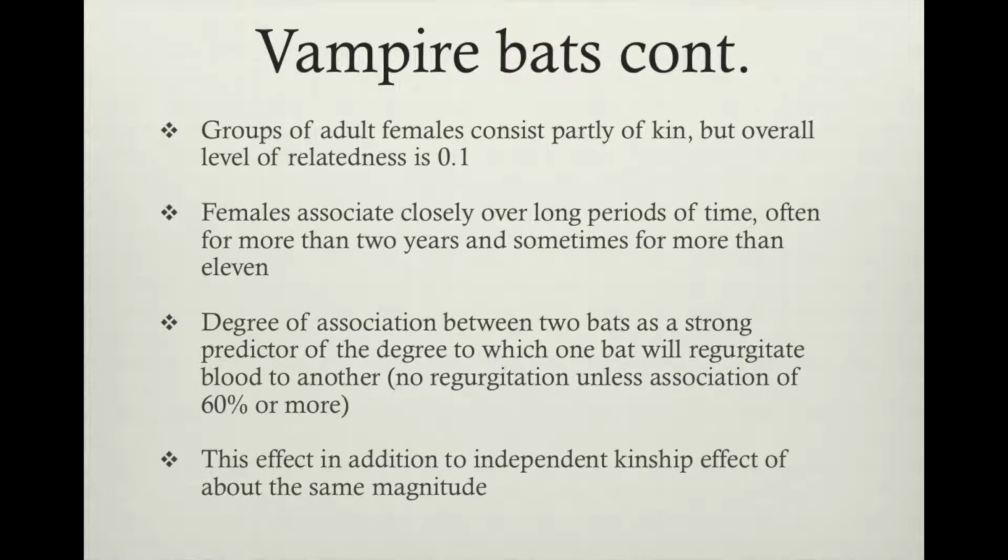So these animals can migrate between groups, and you run this risk when you migrate into a new group that nobody's going to share with you because you have yet to form this long period of association, this long-term pattern of roosting together.